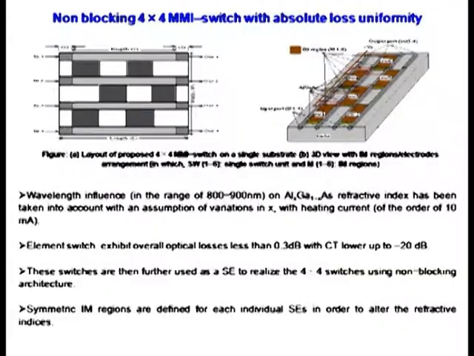And the good thing is the 4x4 MMI switch can also be made as a switch with uniform absolute loss uniformity. This also we have done in our lab, in which we have proved that the 4x4 switch, which can be designed with this particular architecture, can actually have absolute loss uniformity. That means all the input output patterns will have it.